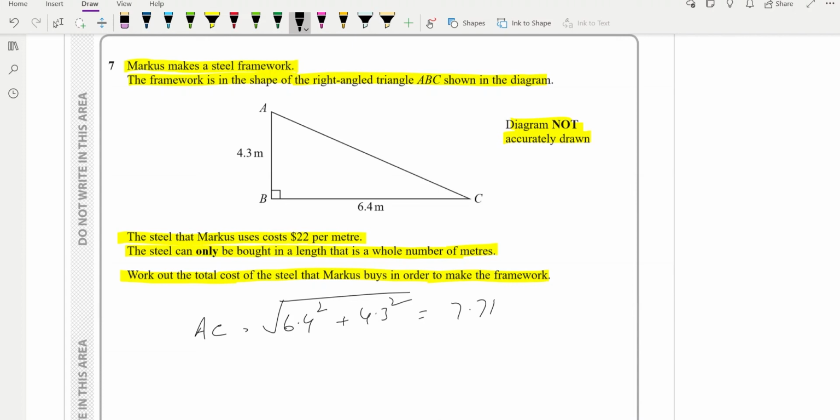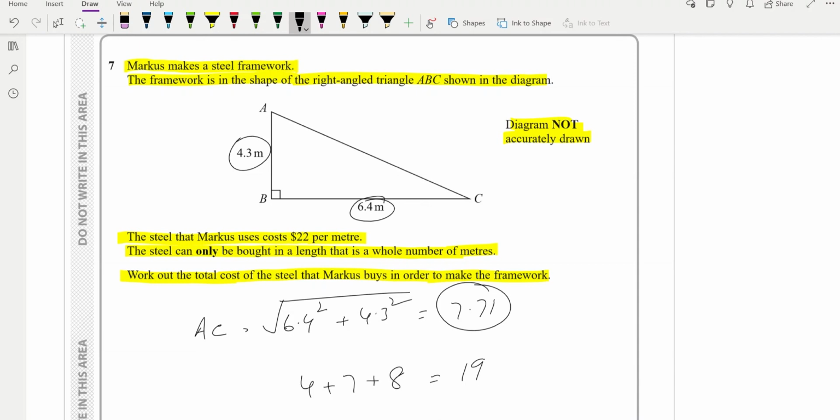We can buy bars of, for example, 4 plus 7 plus 8. We cannot buy 7.71, so we'll have to buy 8, and for this one we have to buy 7, and for this one we round it to 4, so this will be equal to 19.